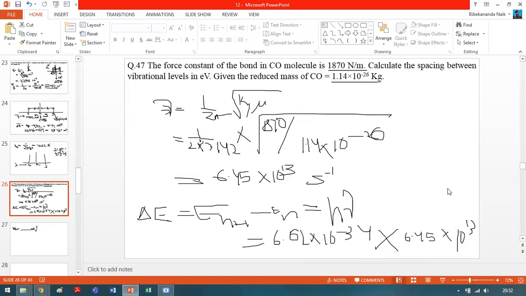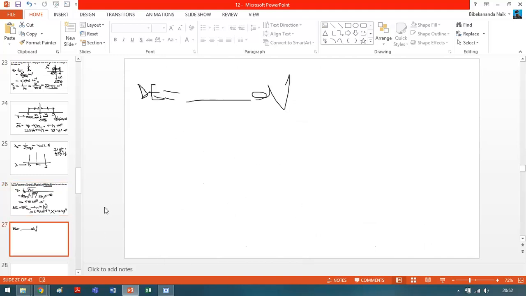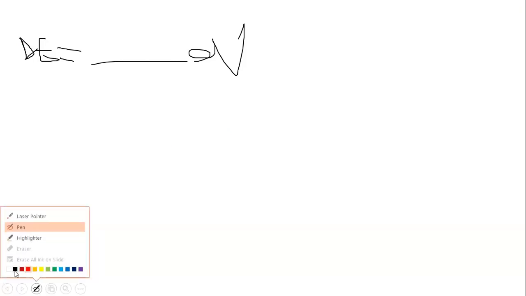So 1 joule will be 1 by 1.6 into 10 to the power 19 electron volt. So when you multiply here by 19, the value will be very less. So if you calculate, the value will be 2 point, sorry, 26.7.